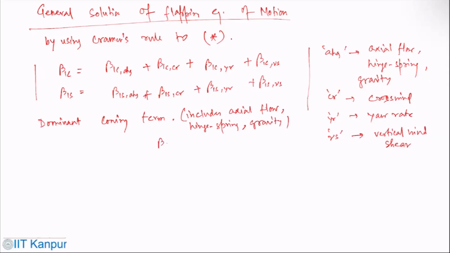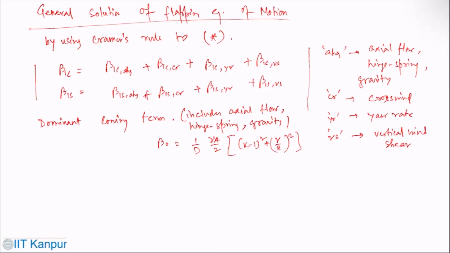That can be said as beta naught equals 1 by determinant, gamma a by 2 plus gamma by 8 square.